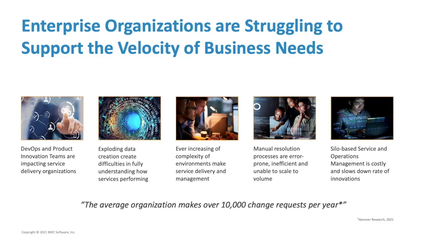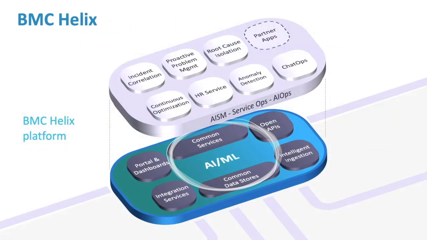And based on that, again, BMC has organized our portfolio around BMC Helix as a joint service and operations management solution based on a unified, modern, AI-driven platform, right? So you can see here in the chart at the lowest layer, it's our BMC Helix platform.